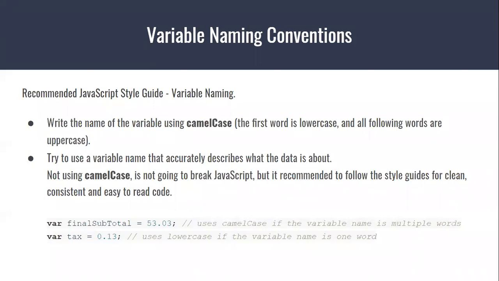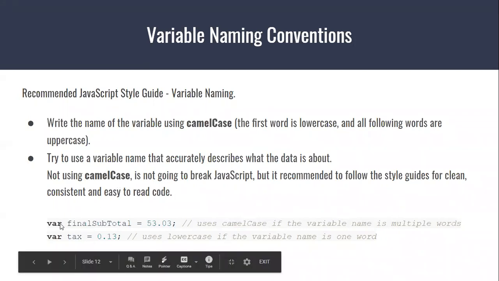Not using camel case isn't going to break anything, but it's recommended by the style guides for clean code, and it's easy to read. In this case, you have a finalSubtotal and you have a tax. You're using camel case for multiple words, but if there's only one word, you just keep it all lowercase. So yeah, it's very nice for readability.